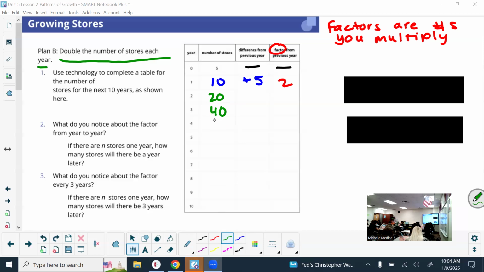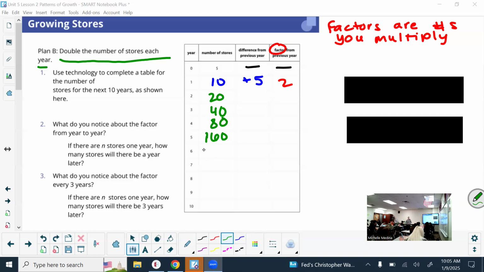Now let's try this again. Chris, what goes for year 4? What's double of 40? 80. Now, Jordan, what about year 5? 160. Amy, what about year 6?